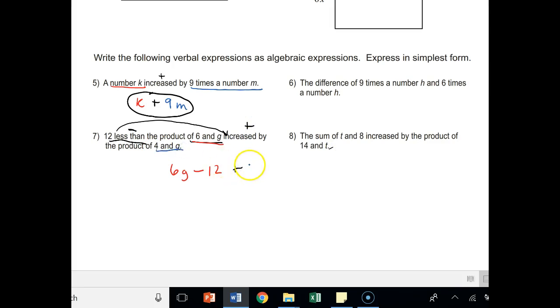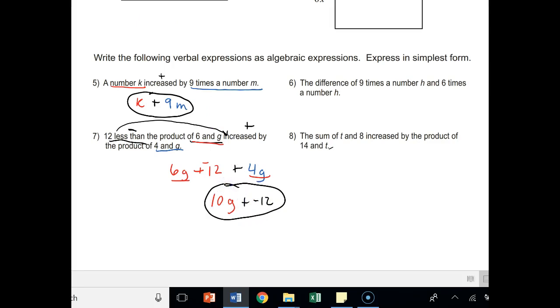Now that's 4 and g. And now we have to simplify this, right? So we have like terms. We could say that this is plus and negative if we want. But we have like terms in 6g and 4g. That's 10g plus negative 12 or minus 12, same thing. And those are not like terms because 12 does not have the variable, so we're done.